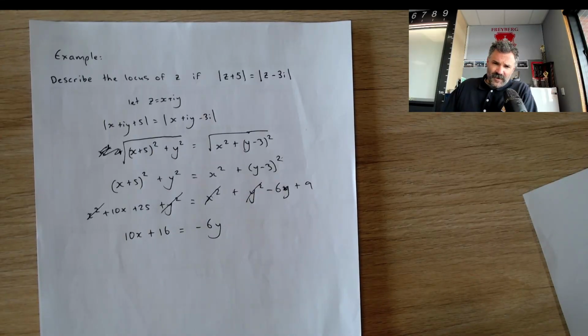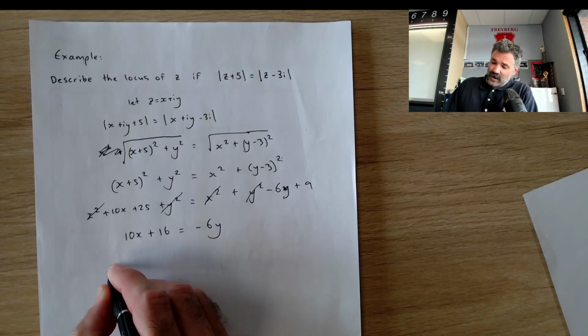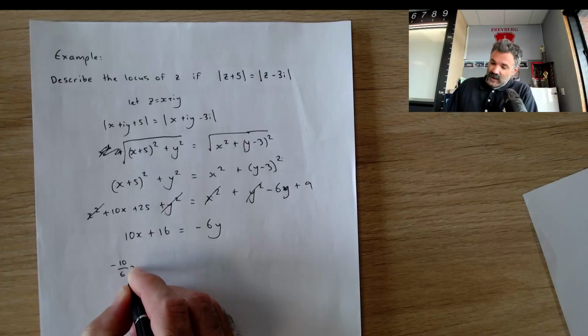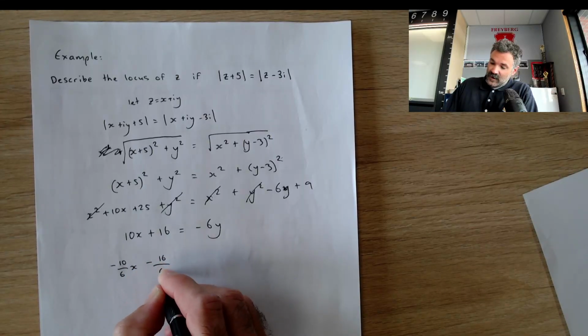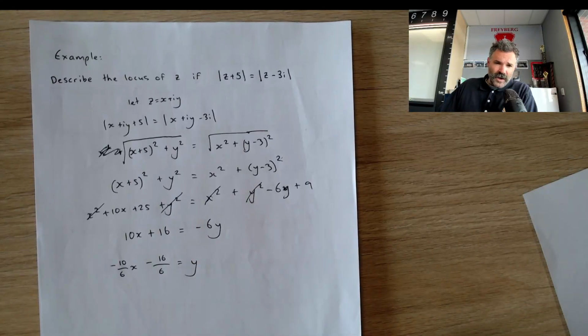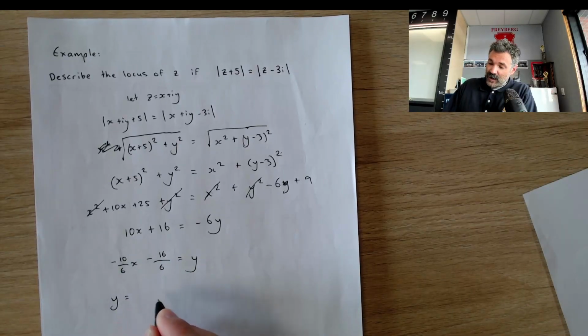And now I'm going to divide both sides by negative 6. And end up with negative 10 over 6x minus 16 over 6, and that equals y. Why did I do that? Well, now I have something that is y is equal to mx plus c. I've written it on the wrong side, but I can move it over here.